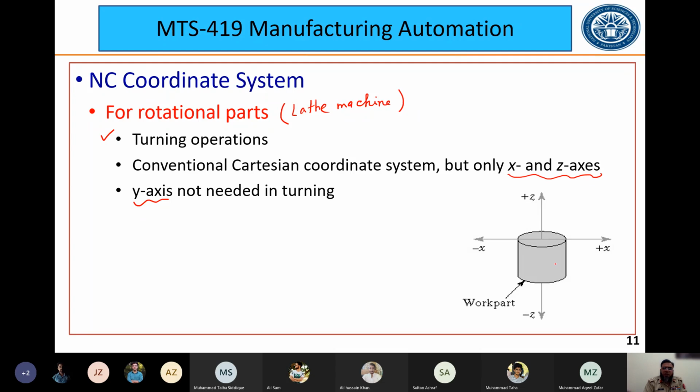a lathe machine, in which the work part rotates about the z-axis, and the machine tool moves in this direction, which is the z-axis direction. This is used for turning. This axis is used for the turning operation, and our tool can also move in the x direction, which is used for depth of cut.